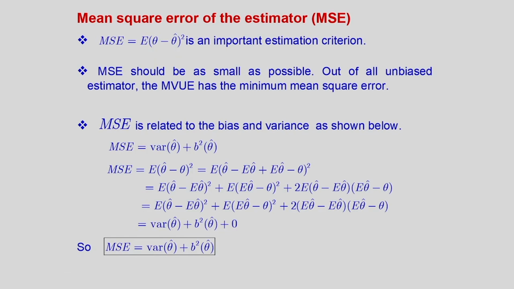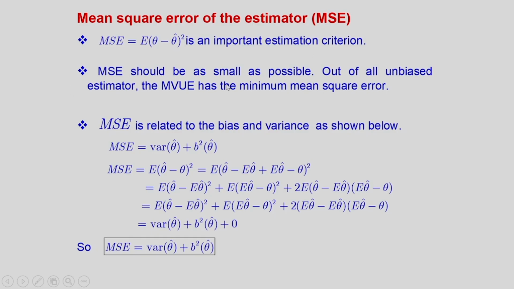We discussed mean and variance; another term is mean square error, MSE. MSE is equal to E of (theta minus theta hat) whole square. Minimizing the MSE is an important estimator criterion.